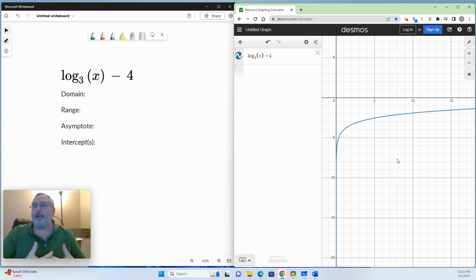So domain and range. Let's start with the domain. Well, it looks like x can be anything up to 0 because it doesn't go past 0 on the x-axis.